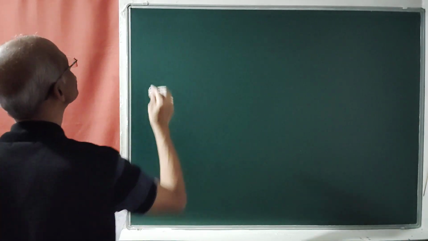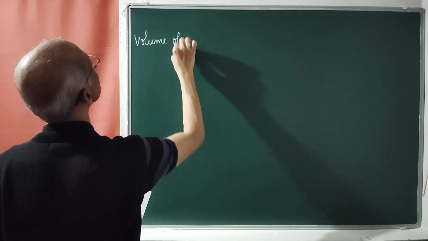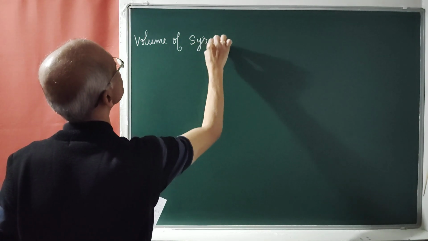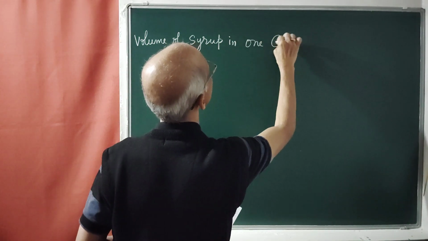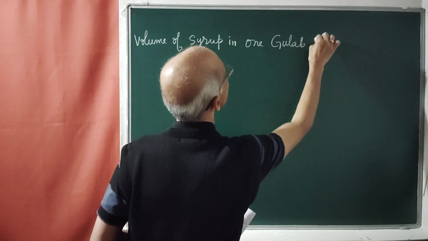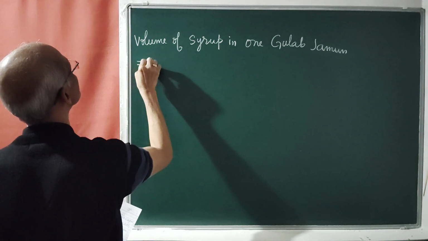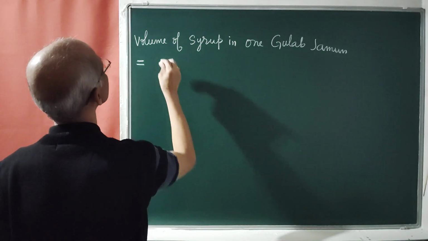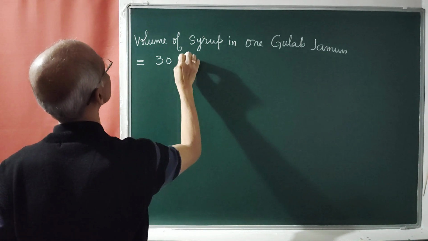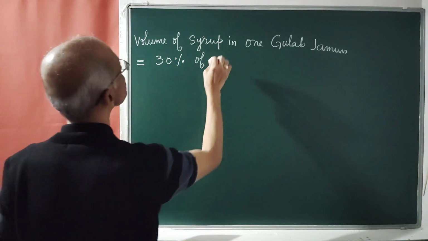Now we'll find out the volume of syrup in one gulab jamun. So volume of syrup in one gulab jamun is 30% of the volume of one gulab jamun.